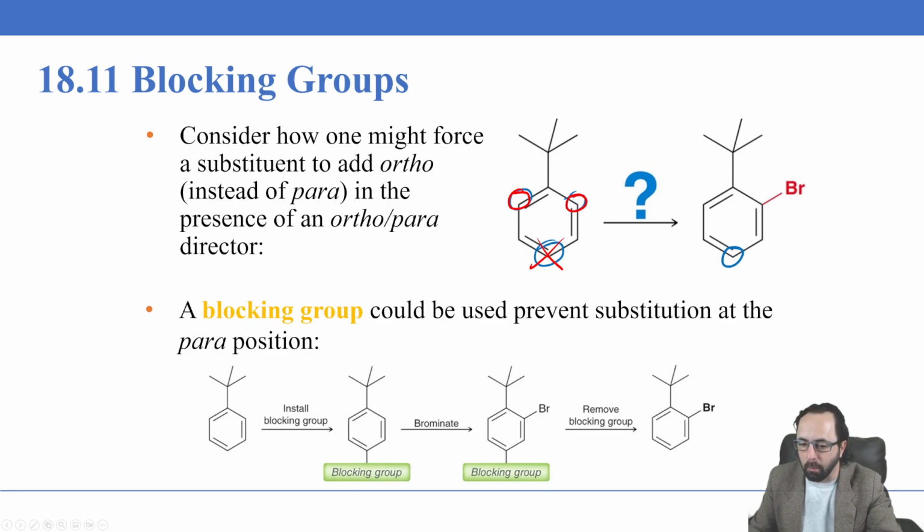This is referred to as a blocking group. We install a blocking group, then we can halogenate in the normal way, again with Br2 and, for example, AlBr3 or FeBr3. And then we can remove the blocking group.